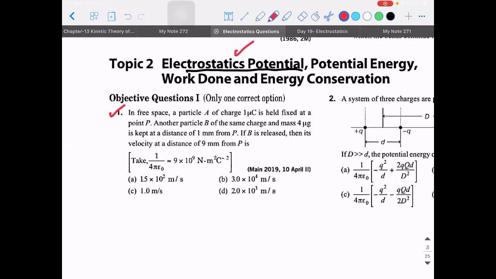First we have to analyze it using a diagram. There is a point where there is a 1 microcoulomb charge which is fixed.